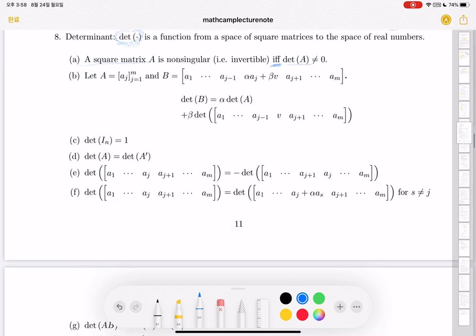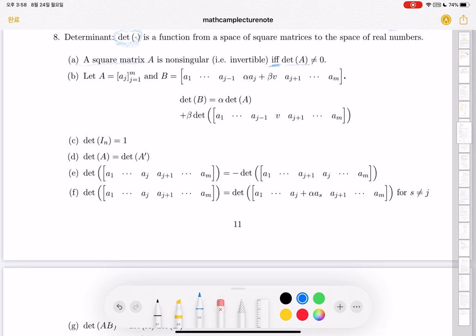There are some things that you might want to know about the determinant function. For example, the determinant of the identity matrix is 1. The determinant of A is the determinant of A transpose, so it's transpose invariant.